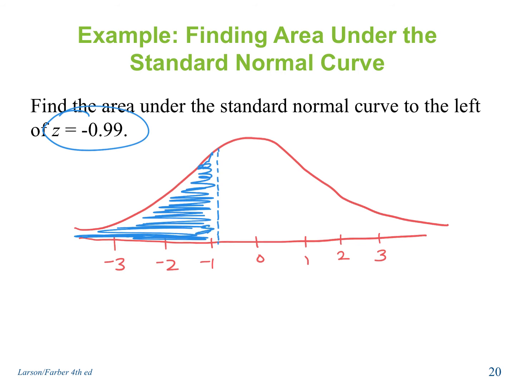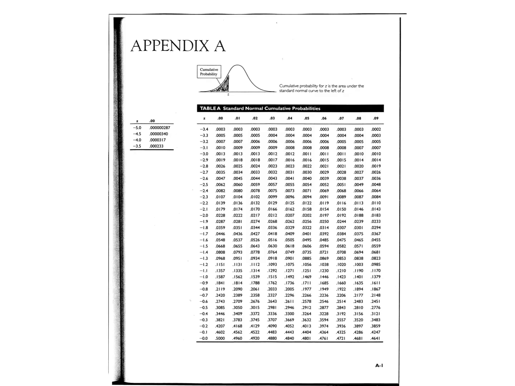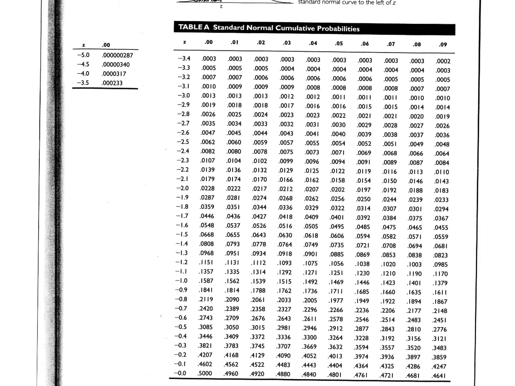So what I'll do is look up a z-score of negative 0.99 in my table and find that area. Here is negative 0.9 to the nearest tenth. Now I need a hundredths spot of 0.09 right here.